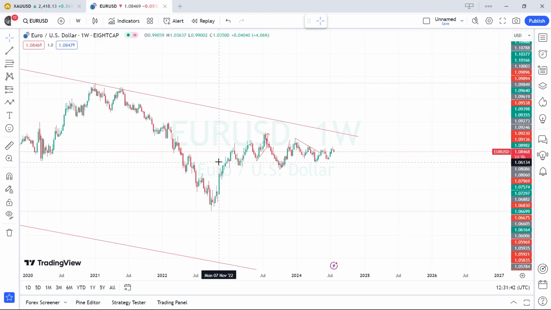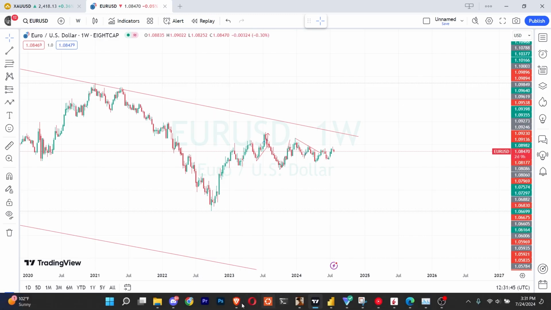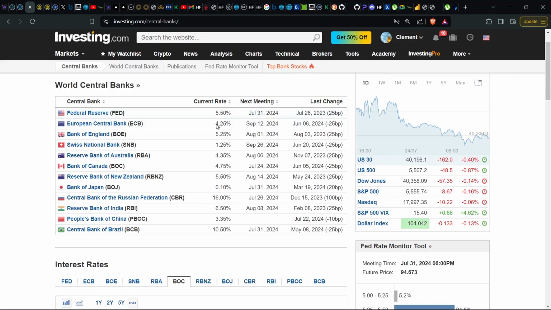Simple reason is the rates differential alone is not so significant, and the dollar, for example, is more affected by interest rate expectations than by actual interest rates.